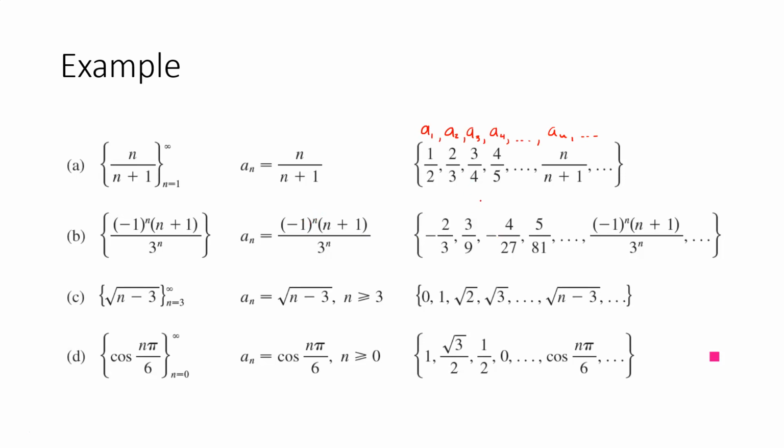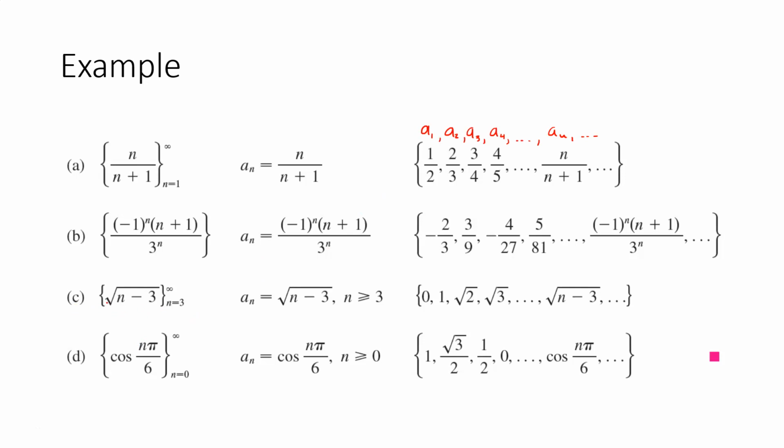So we see all the even index terms like a2 and a4 all have positive values. We'll see in the future that this (-1)^n factor will create what we call an alternating sequence, where the terms alternate between positive and negative.